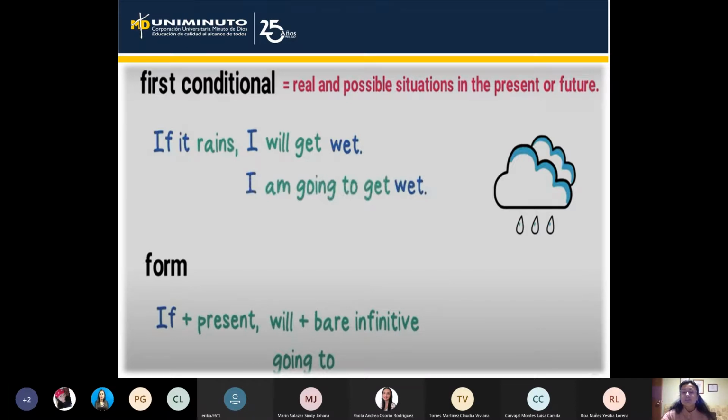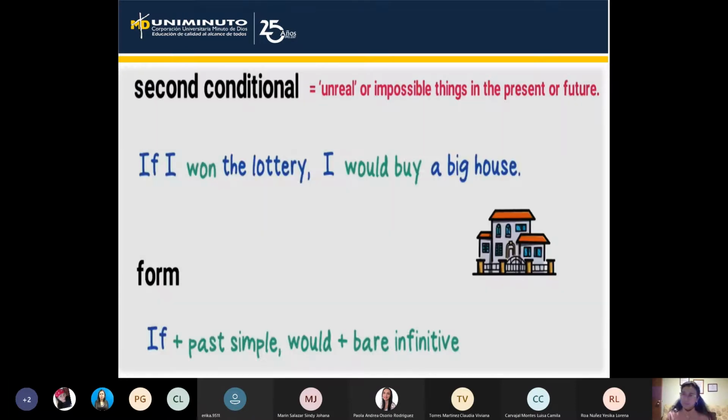And the second conditional is when you imagine things, when you dream about something, when you wanted to do or to be something different, cuando queremos que algo sea como diferente, ¿no? And here you have past simple and would, okay? Very good, past simple and would or could.